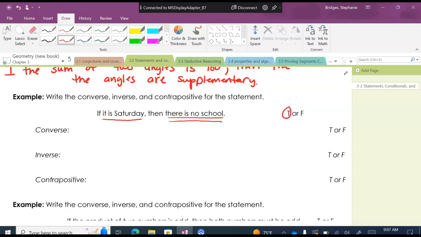We are writing the converse statement. Once you write it, I want you to decide, is that statement true or false?